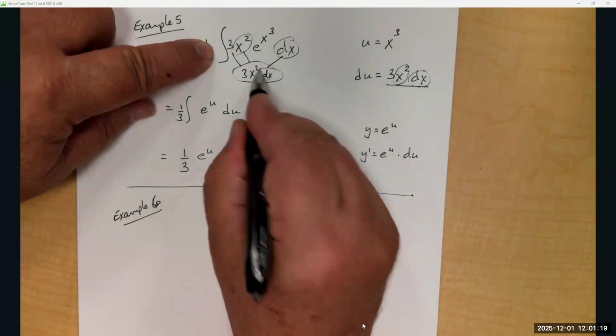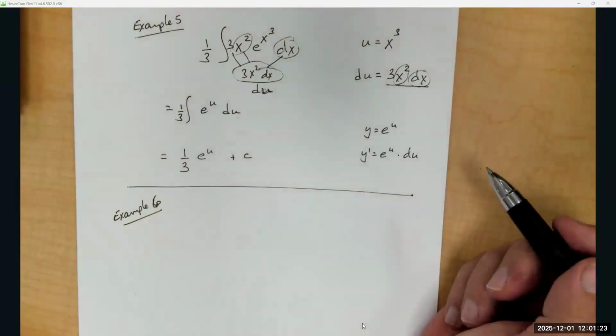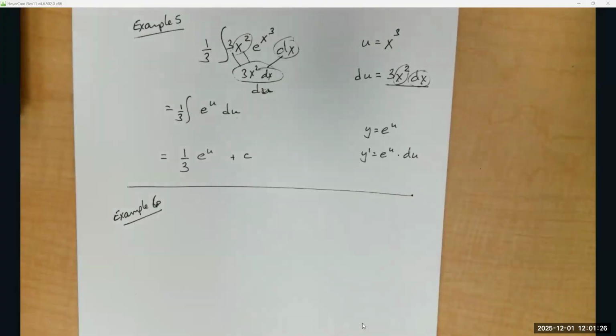So all these three together become du. Commutativity, right. Yeah, and that's why earlier it was all nicely put together. But very simple.